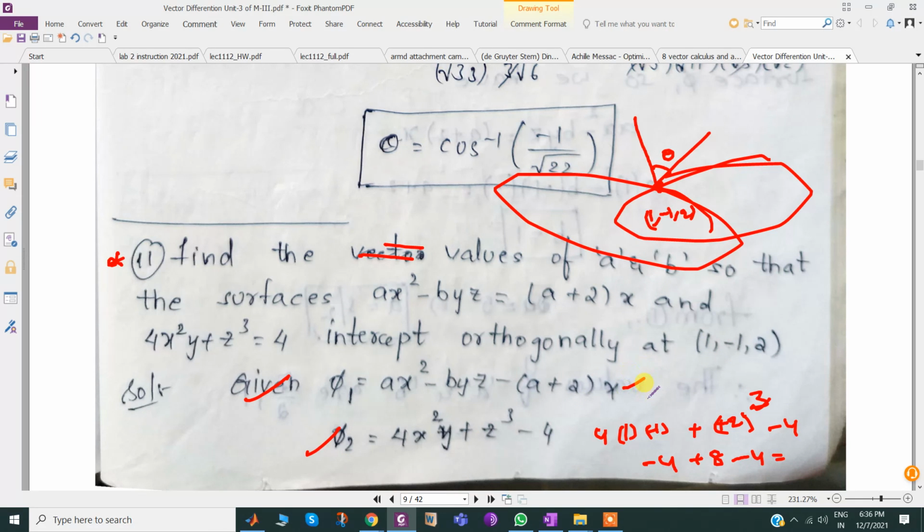Similarly, I am supposed to check this one. If I check this one, I may get a relation in terms of a comma b.